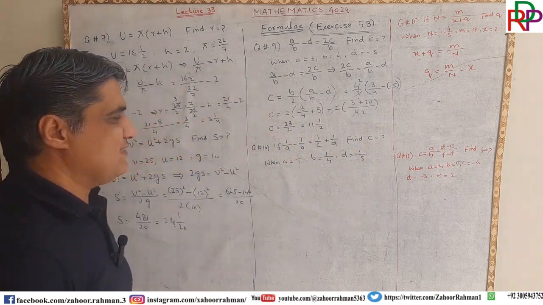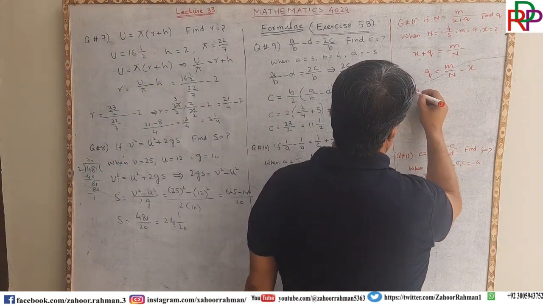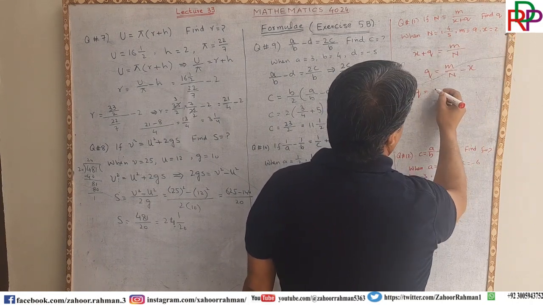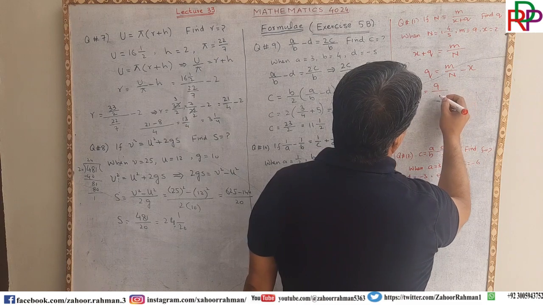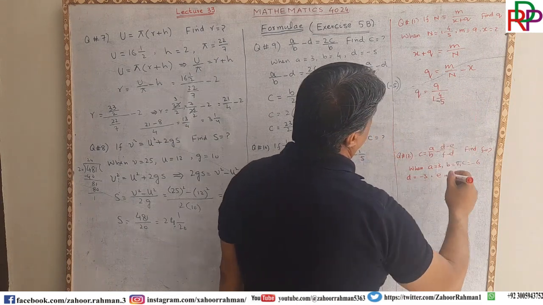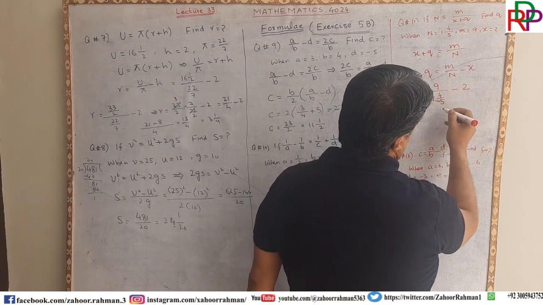Next step is to put the values inside this variable, so q is equal to m, and m is given as 9, n is given as 1 whole 4 over 5, and x is given as 2.